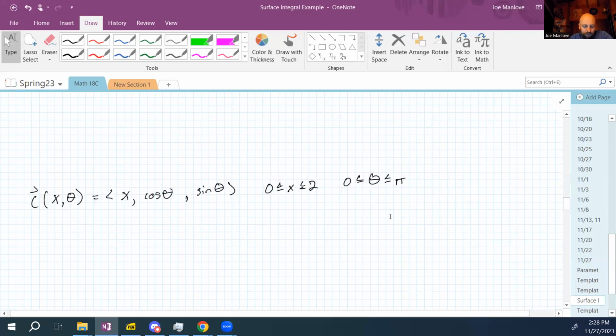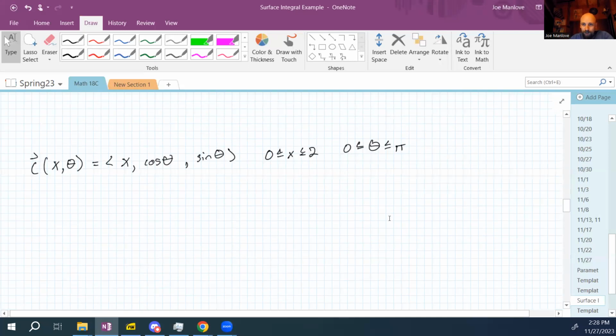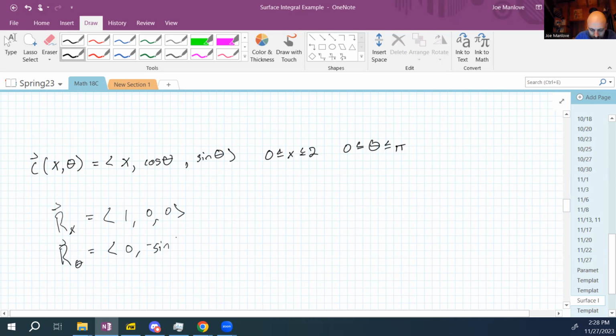And then out of the cylinder, things are going to be more complicated. So I'll need to calculate Rx, which is, I guess, 1 comma 0 comma 0. And I'll need to figure out R theta, which is 0 minus sine theta cosine theta. And then I need to calculate a cross product. Okay, so out of that, I'm going to get a vector.